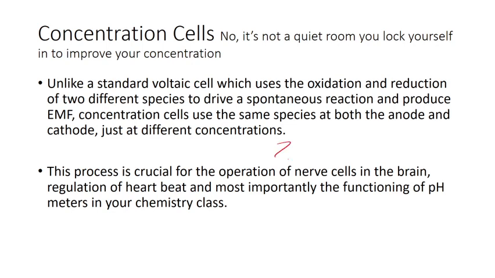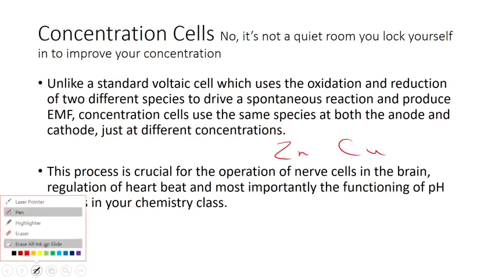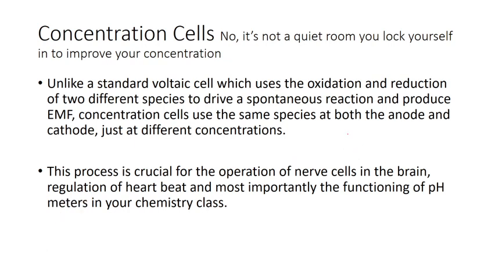The ones that we looked at used zinc and copper. In a concentration cell, you would just use like copper and copper, but the two species would be at different concentrations, and that difference in concentration drives a spontaneous reaction that produces EMF, and everybody's happy.